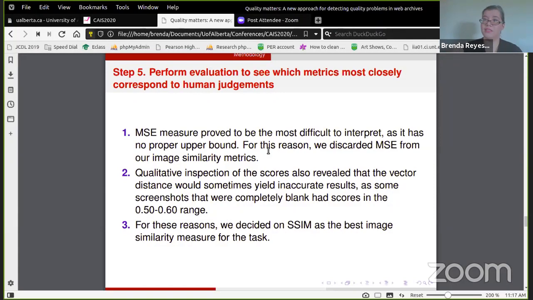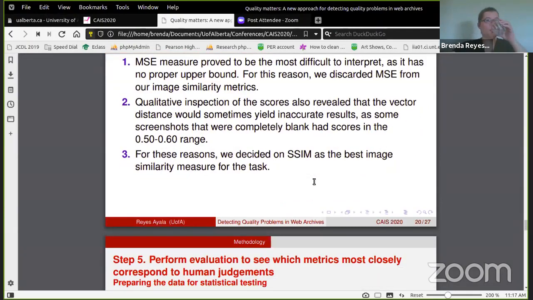Sometimes the vector distance would error out, or would yield inaccurate results, because there were screenshots in our data set that were completely blank that had scores of 0.5 or 0.6. You would just look at that number and think, oh, medium quality, right? But the screenshot was actually completely blank, so it should be a very low number. So we decided that SSIM, or structural similarity index, was the best metric for the task.